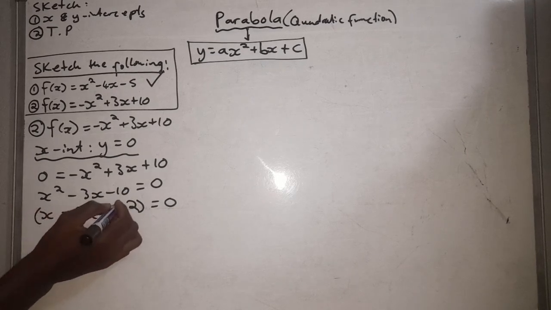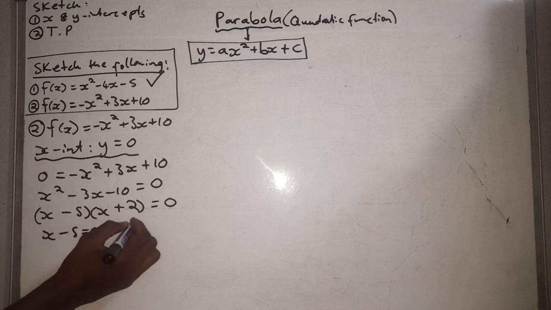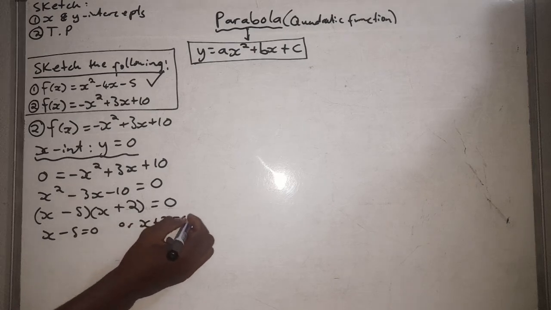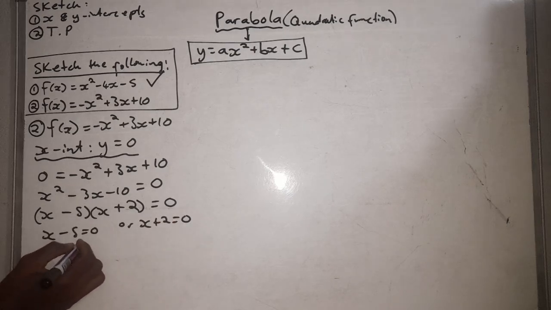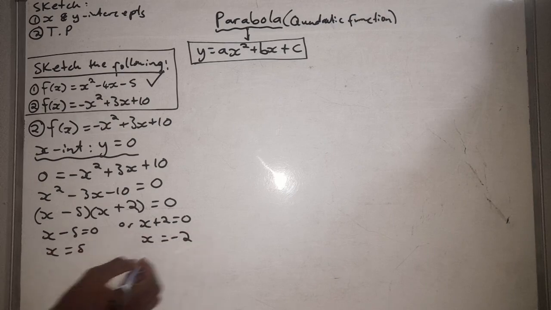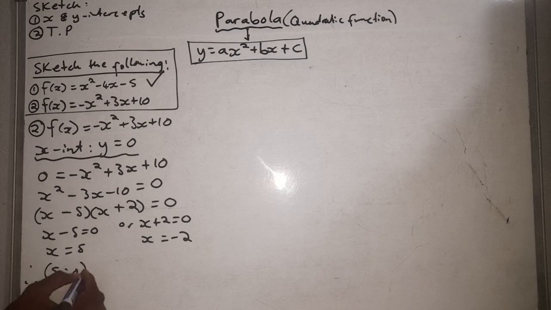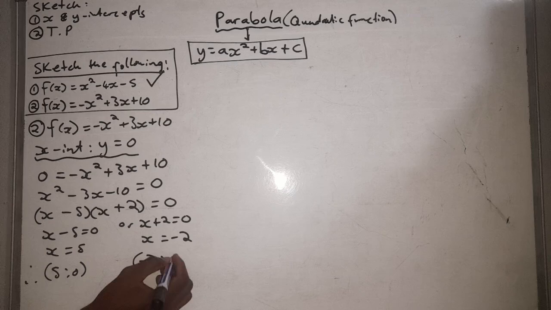Minus for the big number. Then x minus 5 equals 0, or x plus 2 equals 0, making the value of x 5 and the value of x here negative 2. Therefore, the coordinates now are going to be 5 and 0, and negative 2 and 0.